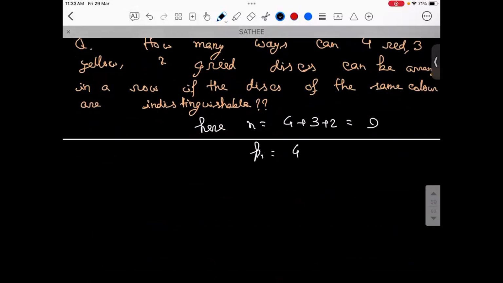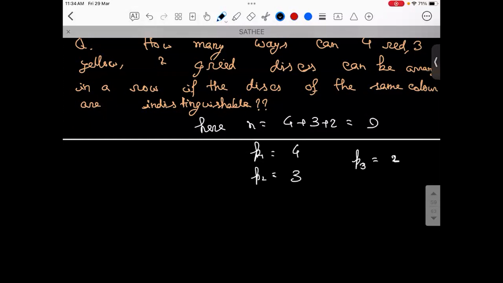What will be P1? P1 is 4, because P1 means this many objects are of the first kind, here the red color. P2 is the number of yellow discs, that is 3. And P3 will be 2.